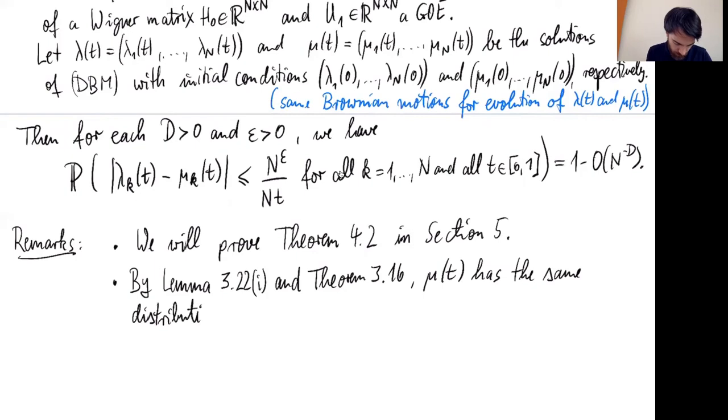So even as a vector, in the joint distribution sense, as the eigenvalues of a GOE matrix.